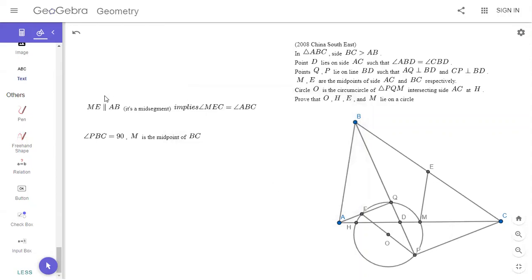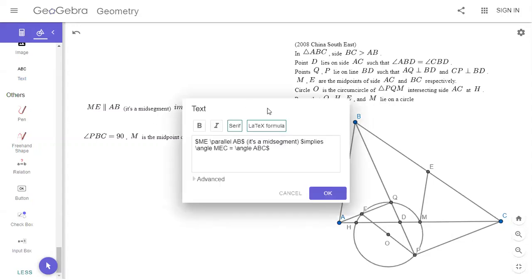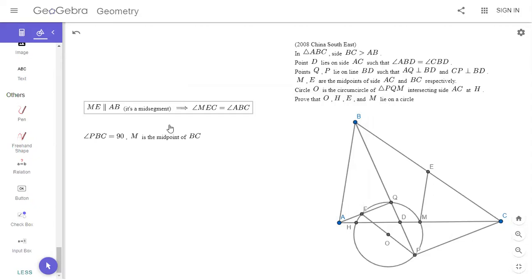Sometimes I just get stuck, you know, and I can't figure out that stuff. I need the backslash. Okay.